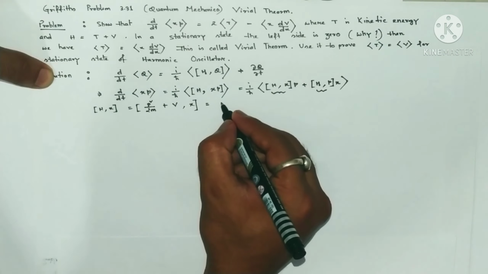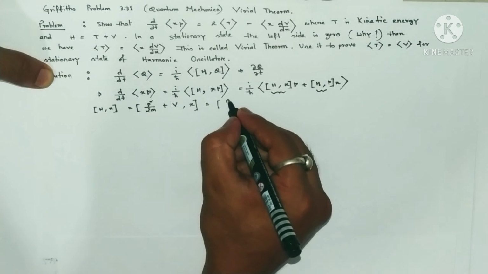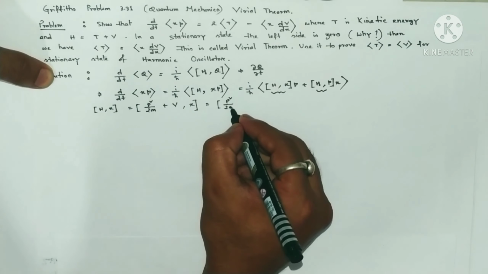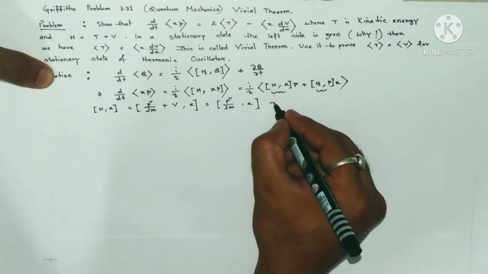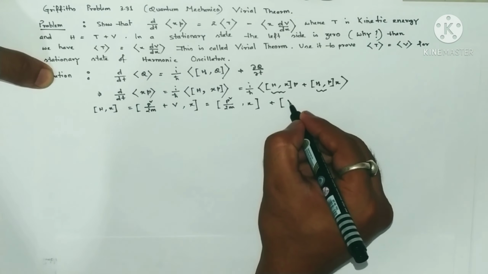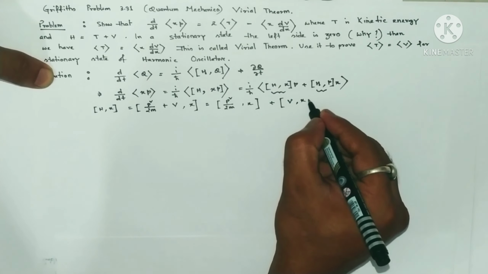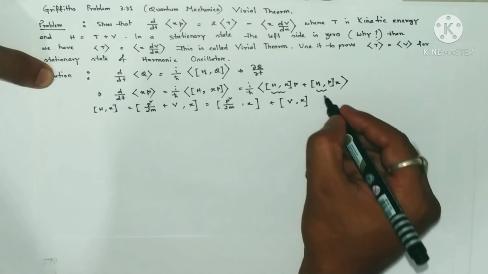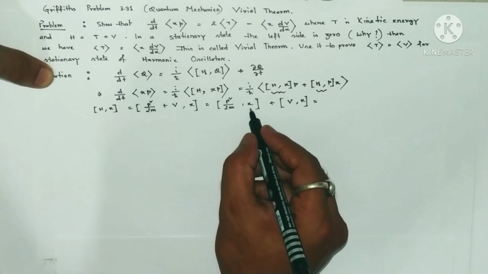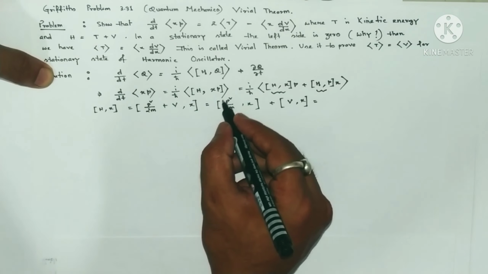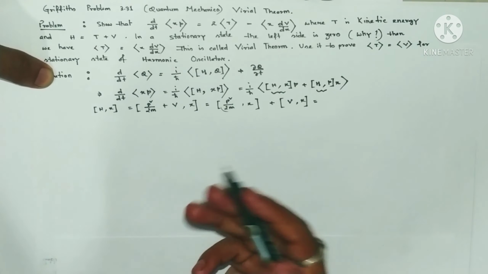So this is equal to, we'll break this into two: p squared by 2m comma x, plus the potential V comma x commutator. Here this is x and this is a function of p, p squared is a function of p.